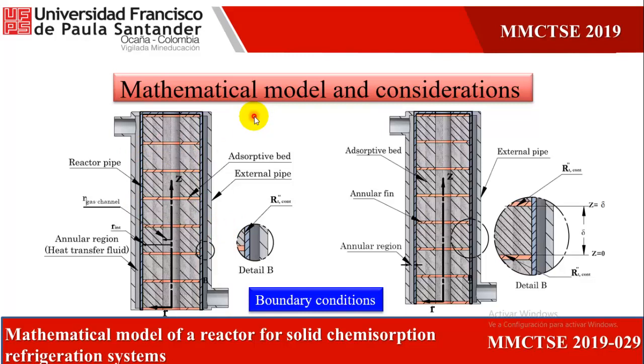It was considered that the velocity of the flow is very low and therefore adiabatic. In the detailed view in B here, we observe that two constant resistances were considered between the fins and the sorbent bed. One here and the other one here.